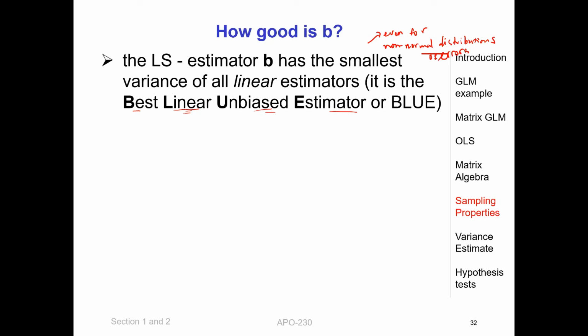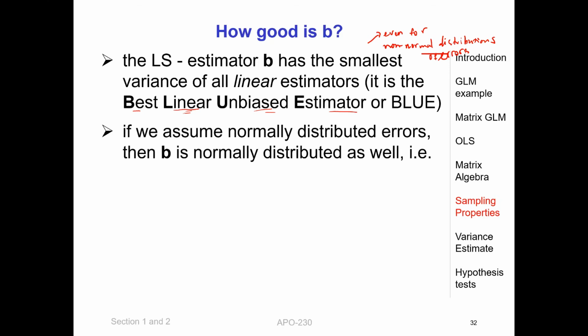Okay, the next point. Then if, in addition to the Gauss Markov, we assume normally distributed errors. But stop here a bit. The properties that we have shown on the slide before, and this BLUE property, can only be achieved when the Gauss Markov assumptions hold. Let's stress that a bit.